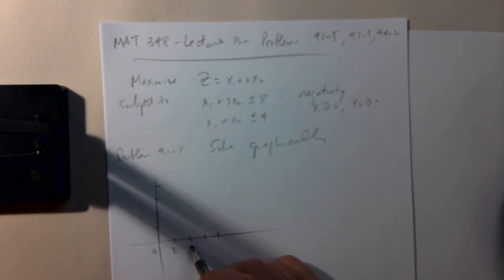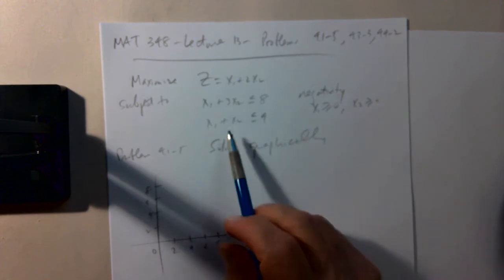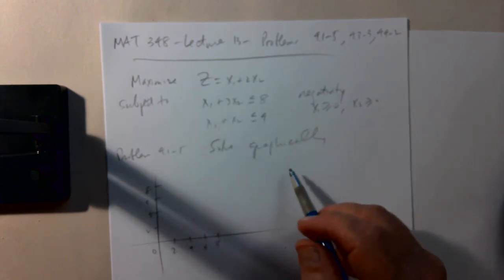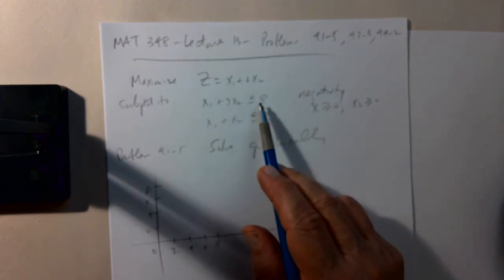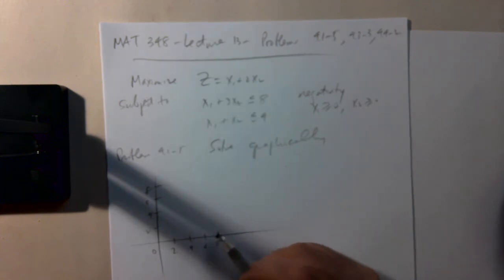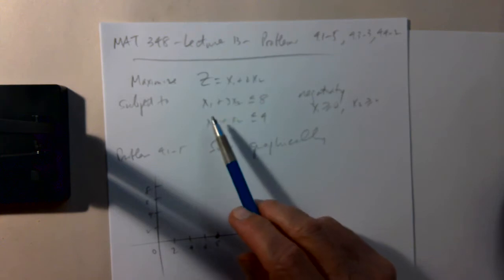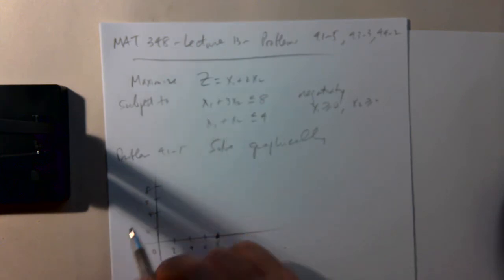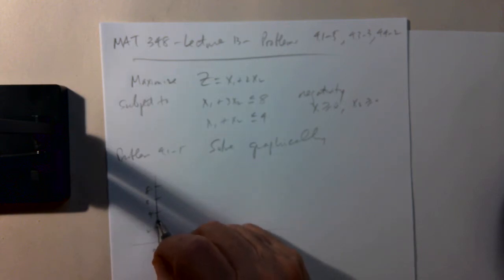Let's say 0, 2, 4, 6, 8, 2, 4, 6, 8. If we look at the equation, x1 plus 3x2 equals 8. When x2 is 0, x1 is 8. When x1 is 0, x2 is 8/3, which is 2 2/3, about there.